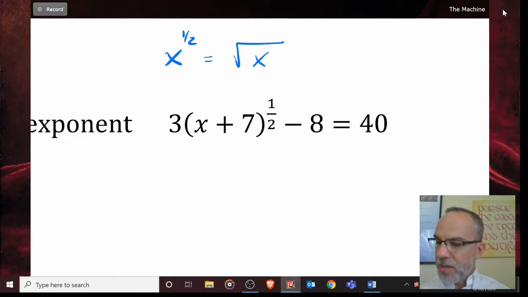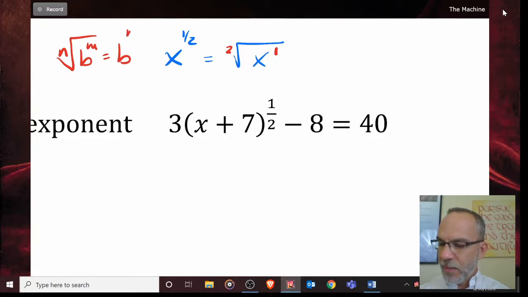Why is that? Because the index here is 2, even though we don't write it, and the exponent on x is 1, and so you know that if I have the nth root of b to the m, it's equal to b to the m divided by n, right? From a previous principle. So we can go the other direction too, okay?